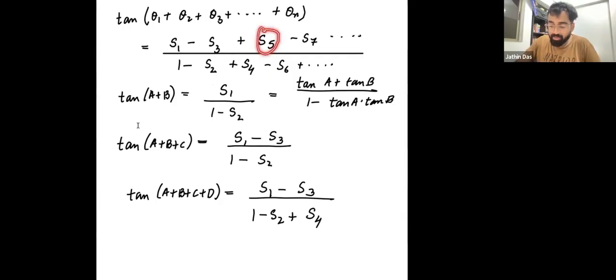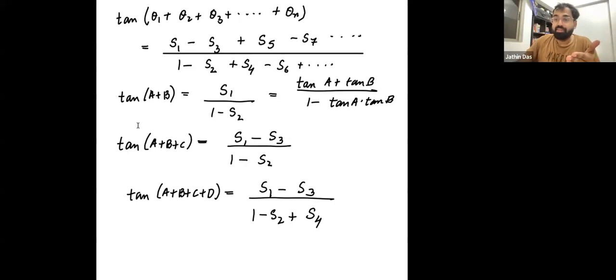So if it is S5, then how will it be? S5. So taken 5 at a time, na? Taking 5 roots at a time. A plus B plus C plus D, then E will come. So tan A into tan B into tan C into tan D into tan E, plus tan B into tan C into tan D into tan E into like that it goes. Yeah.